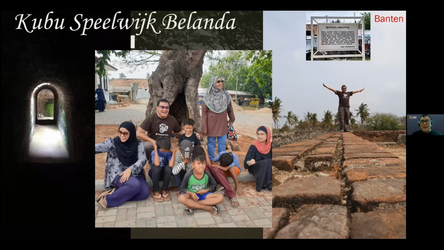But of course, colors can depend also on the place where the clay was taken, so that's not the main indicator, but size and configuration is one of the main indicators. So this is very clearly early Dutch, because the Benteng Spielwijk was completed in 1632 and expanded further in 1635. You know, they were very, very early there.